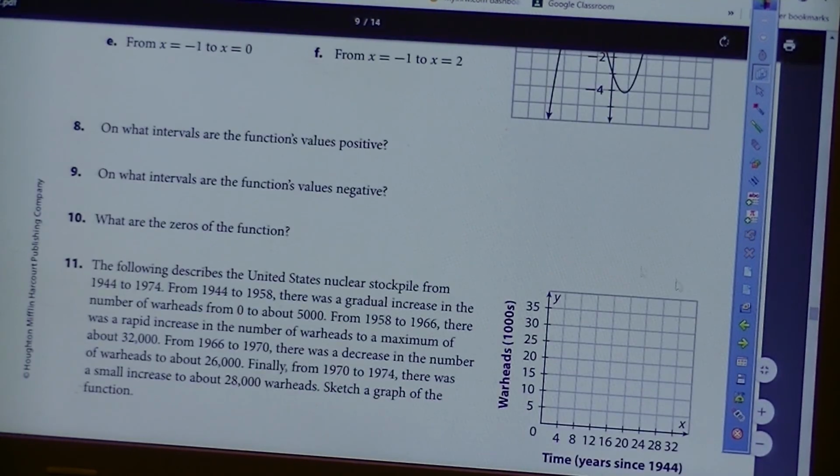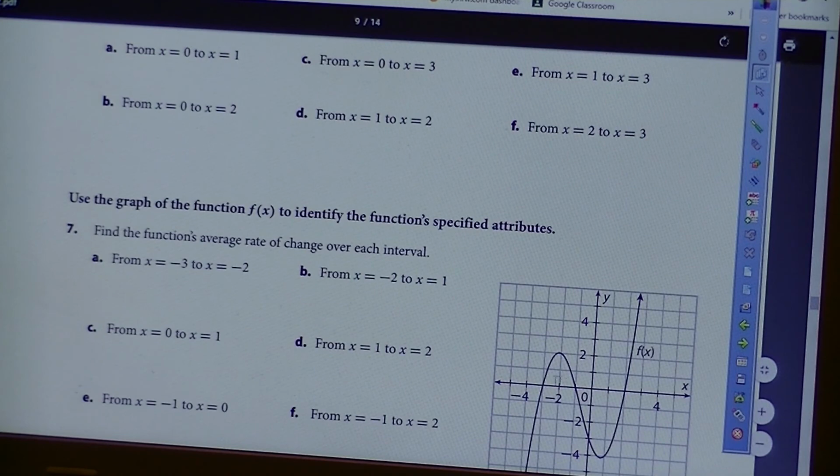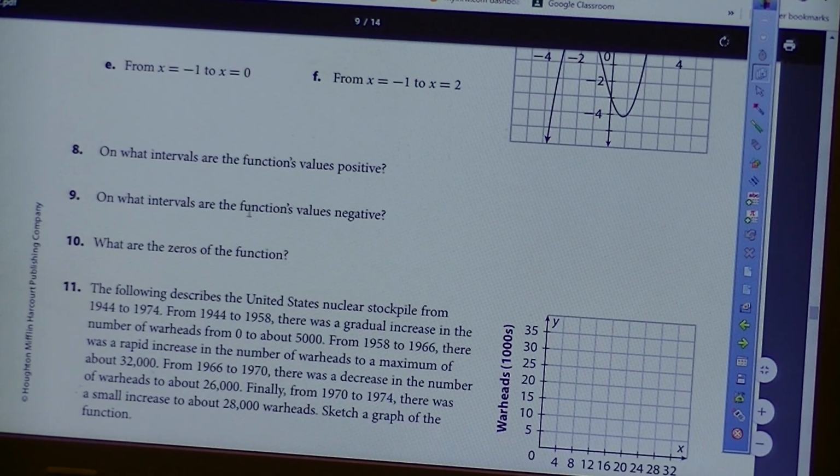Then they go back and ask you some more questions. Using this same graph, what are the intervals in which the function is positive? What are they asking for? From where to where are the y values positive? Like here, and then up there. And then the next section asks where the function values, the y values, are negative.